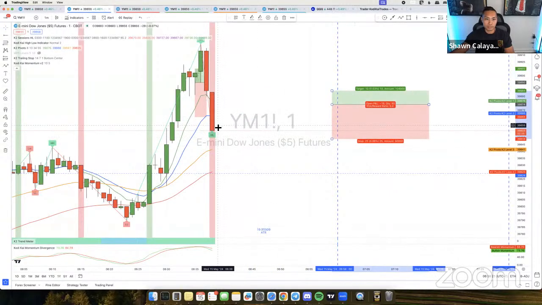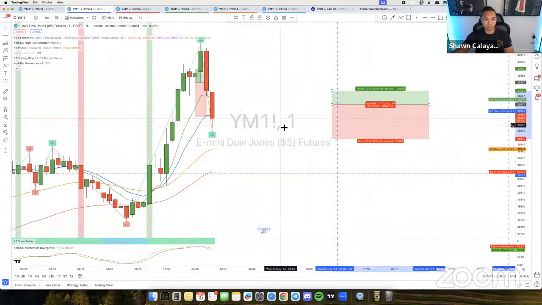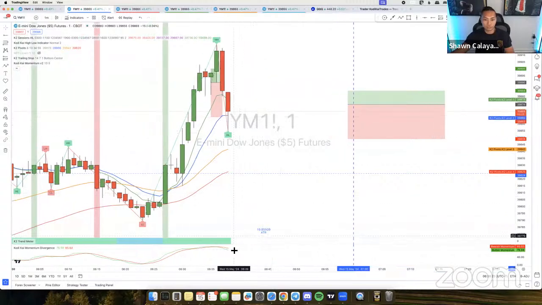So we have a pending sell signal right here. If the sell signal closes, we're not going to get the momentum divergence, of course. But you can see over here, we do have a cross.